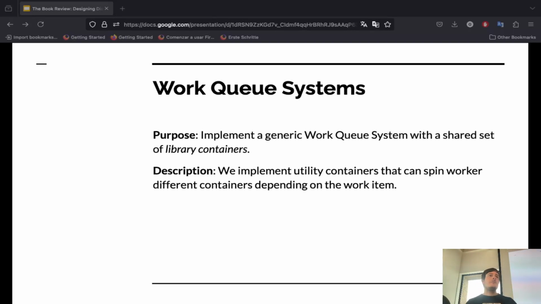But maybe this is more something that someone working at a company that offers solutions like this would think about, or should think about. So in a sense, the idea is that we can implement these utility containers as being able to spin different workers, right?